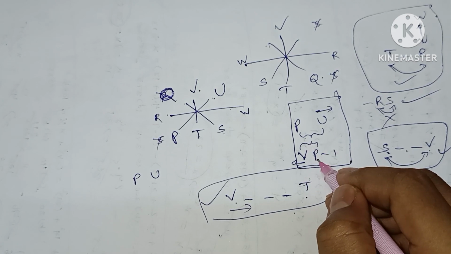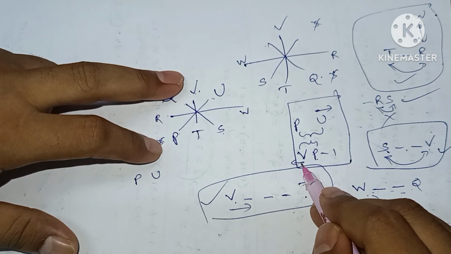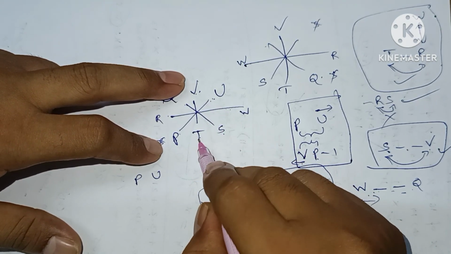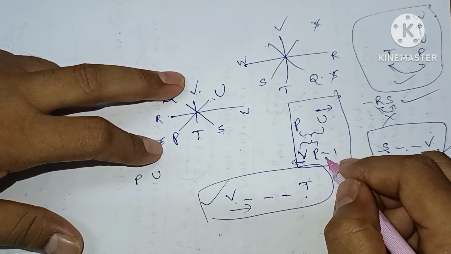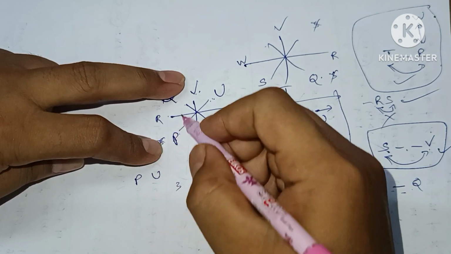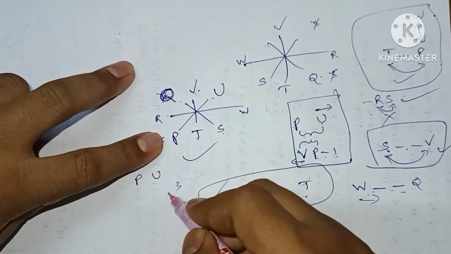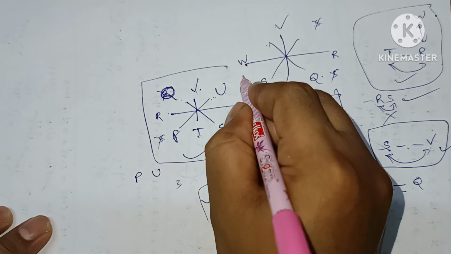V and P, from the left of V: 1, 2, 3, 1, 2, 3, 4. Minus 1 means 3 between P and U. 1, 2, 3 between P and U. So this is true. So our puzzle solution is this one.